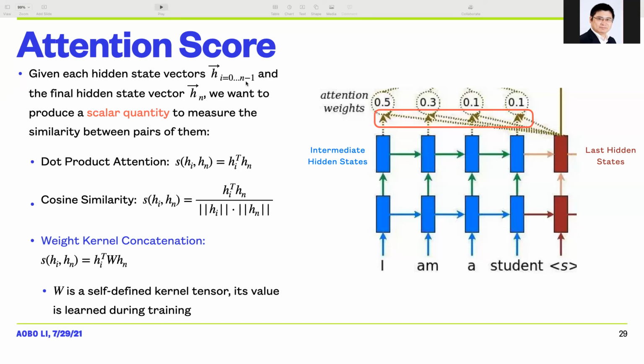But I guess you are right, because of this last hidden state, it is different from CNN. In CNN, basically all the neurons already carry the weighting information for the filters. But here you need additional stuff to do that explicitly, and that is the attention score.